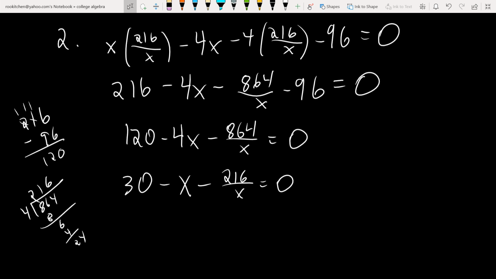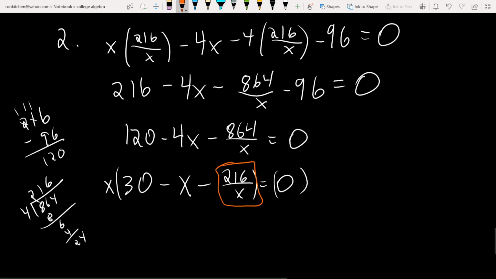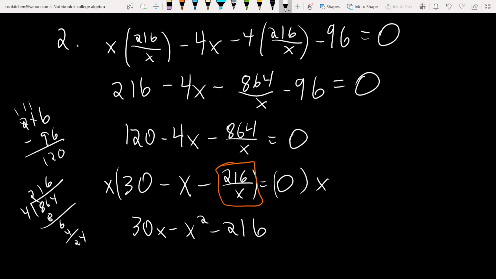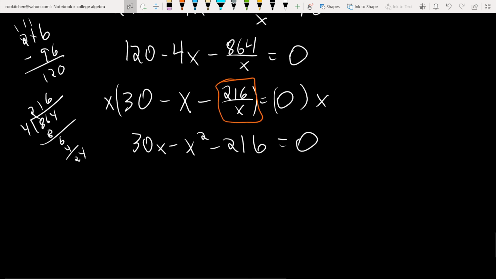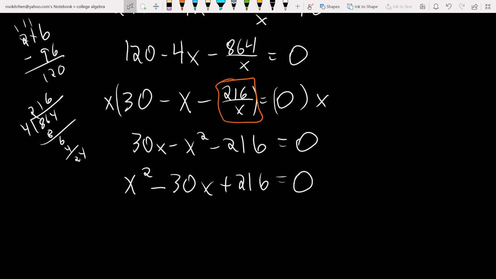It's a rational equation, so we want to multiply both sides by x to get rid of the denominator on that third term. Okay, so you get 30x minus x squared minus 216 is 0. And then let's move everything to the other side so it's easy to factor. x squared minus 30x plus 216 is 0.